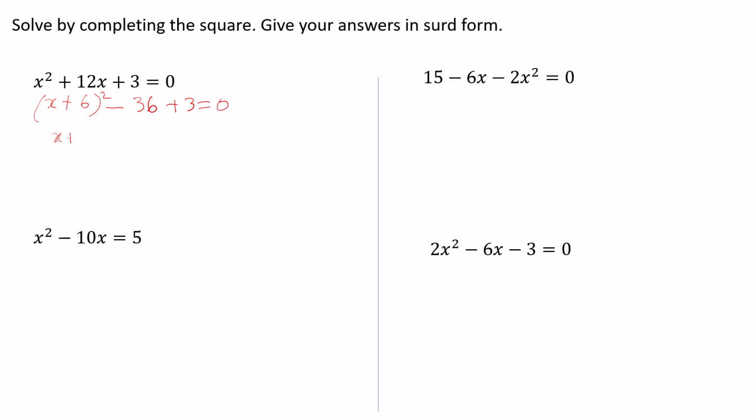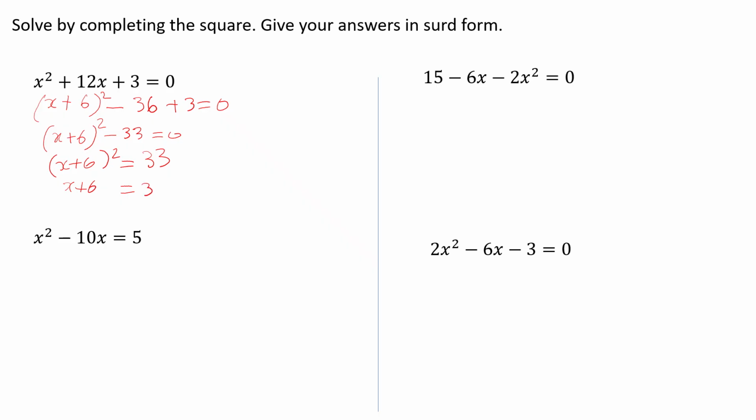So x plus 6 squared minus 33 equals 0. So x plus 6 squared equals, I'm going to move the 33 to the other side, 33. So x plus 6 equal to 33. So I'm going to square root both sides.